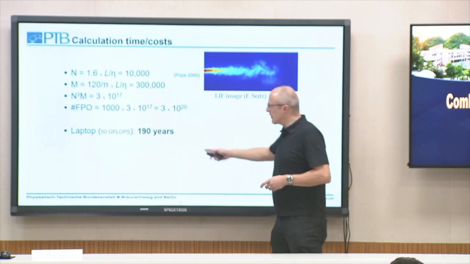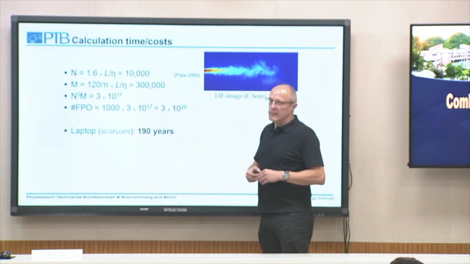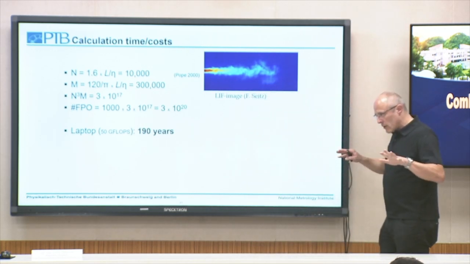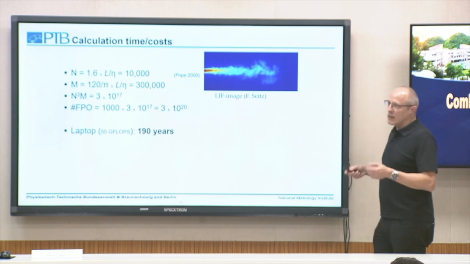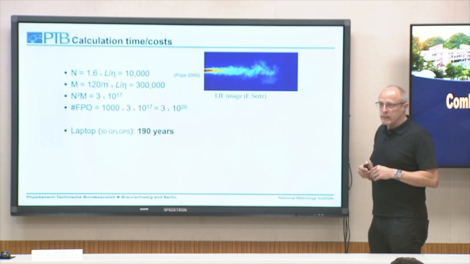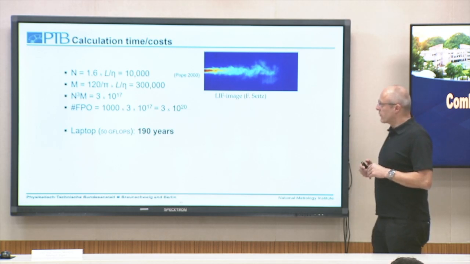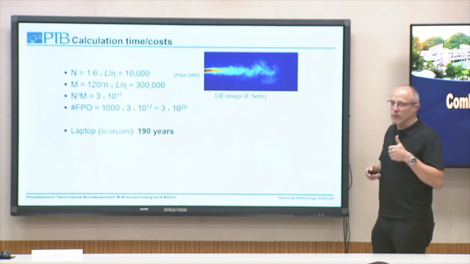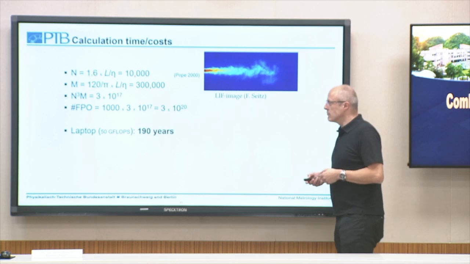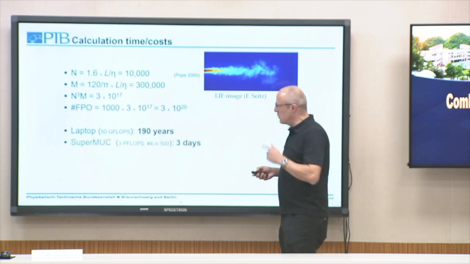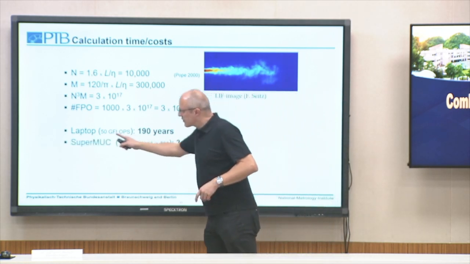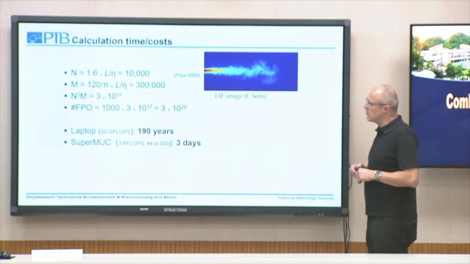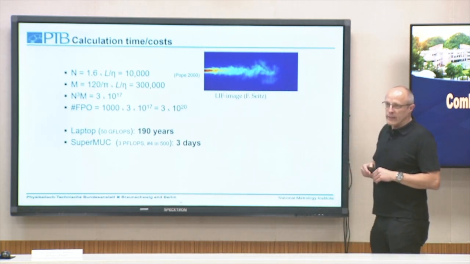But if we use a classical laptop for this calculation, if we perform a direct numerical simulation, have a very fine grid, okay, after 190 years, your PhD thesis is maybe finished, or you have one calculation for your PhD thesis. So it's possible. If you use the fastest computer at that time in Germany, the SuperMUC, it would take 3 days.